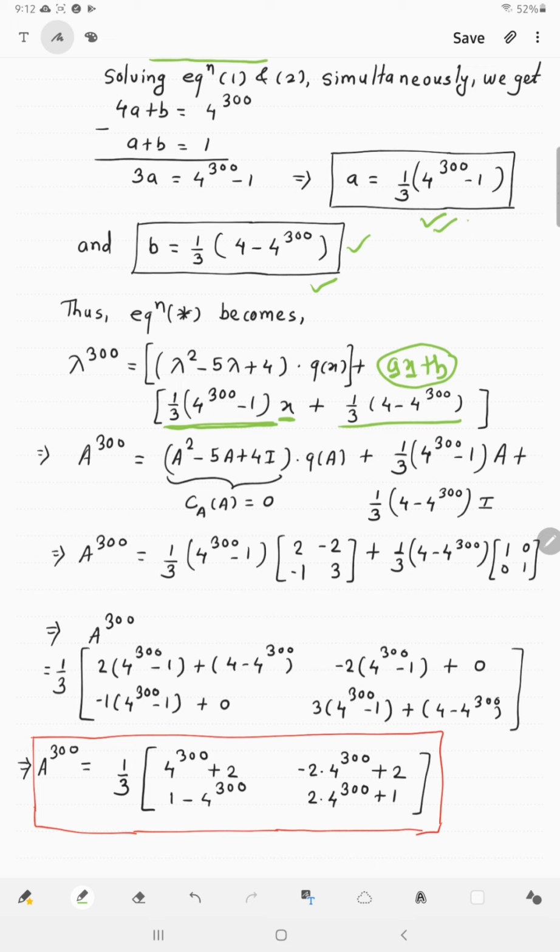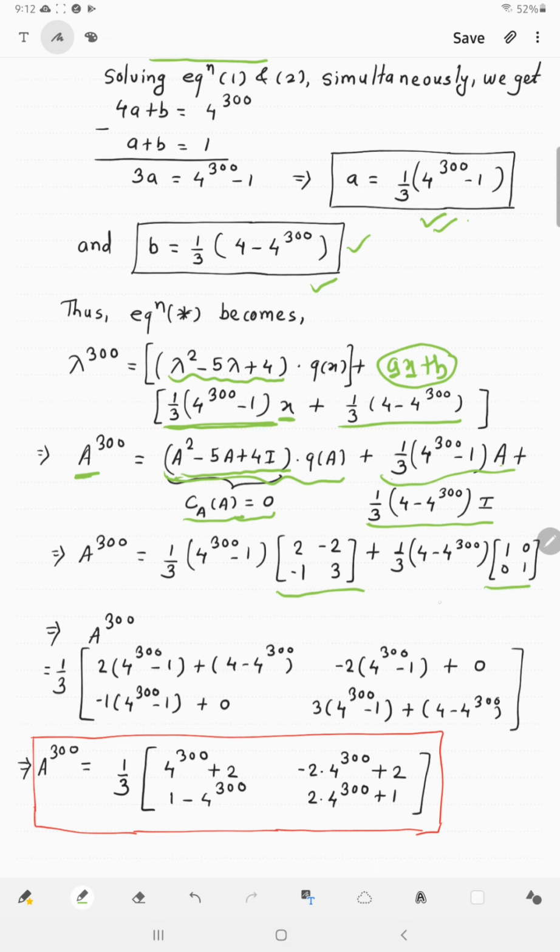Now we have to find a raised to 300, so we replace lambda by A. The first term is the characteristic polynomial, which becomes 0 if we replace lambda by A: c a of A is equal to 0. So the whole term becomes 0, and the remaining term is the remainder. Now instead of x I replace the matrix.